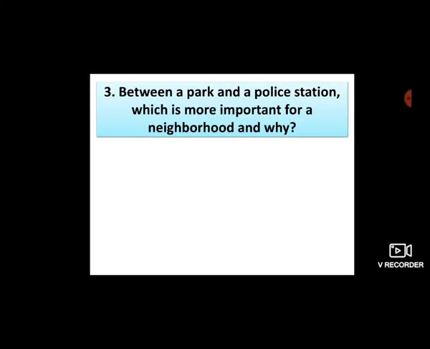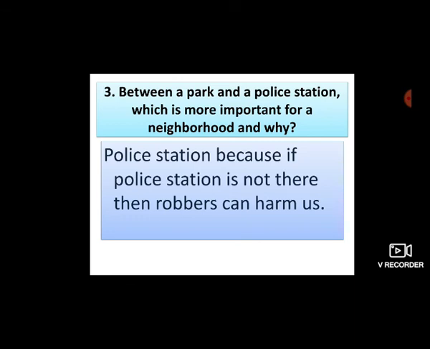Between a park and a police station, which is more important for a neighborhood and why? Students, as we know, park and police station both are important for us. Yes, but if we have to compare between both of them, then which is more important? Yes, police station is more important than park, because in a park people exercise, they play there and have fun there.